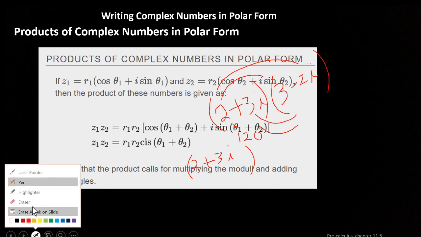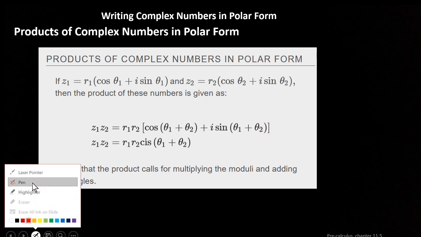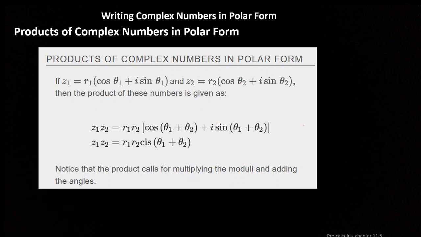The way we do it is we are going to write complex numbers in polar form, which we talked about last time. So that's the polar form of a complex number. Let's say we have one complex number, z1, and this is r1 times cosine theta 1 plus i sine theta 1. And r1 and theta 1 are called the modulus and the angle.